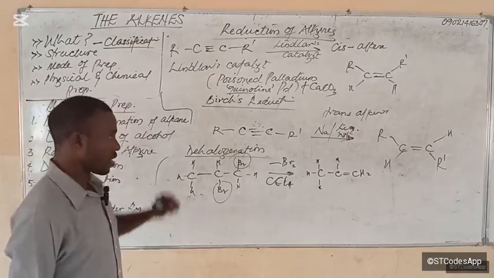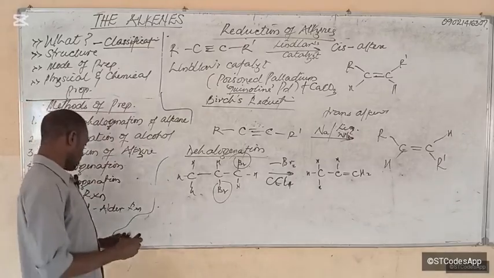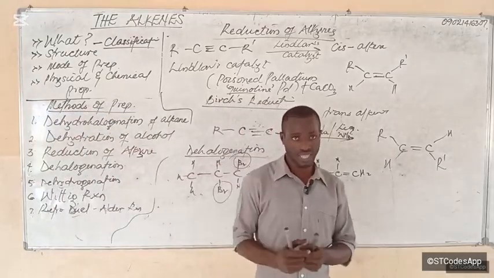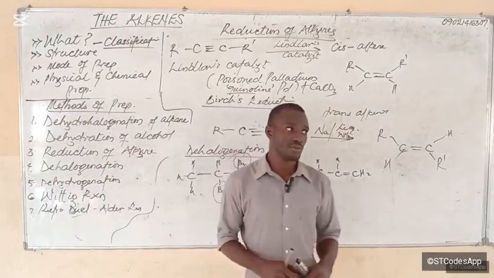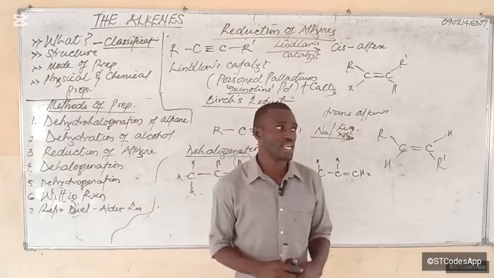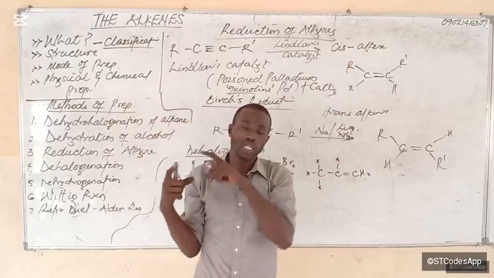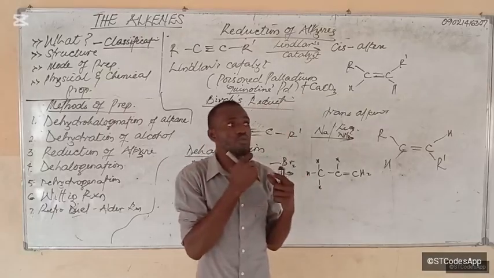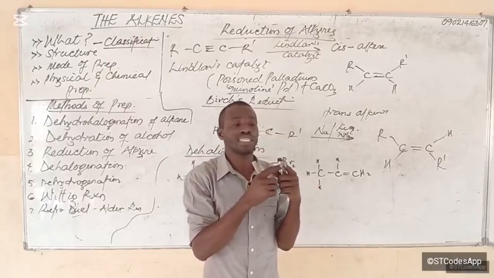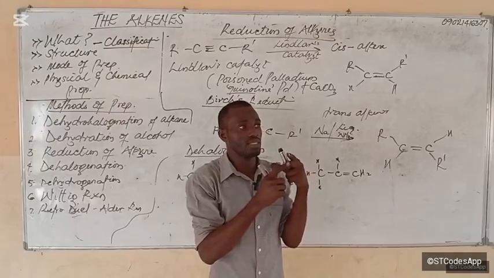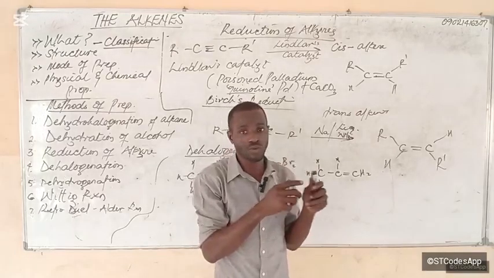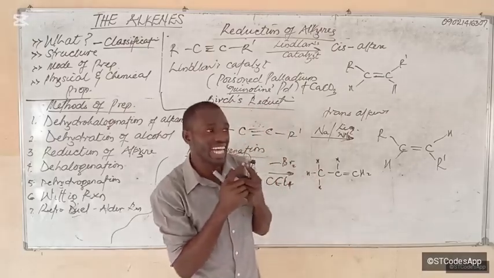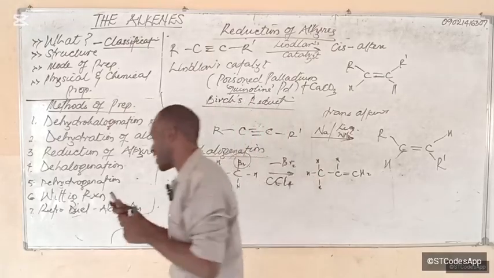Now you see the retro-Diels-Alder reaction. First, the Diels-Alder reaction. Two German scientists discovered that if you react a conjugated diene with another suitable alkene or diene lover, we call them dienophiles.